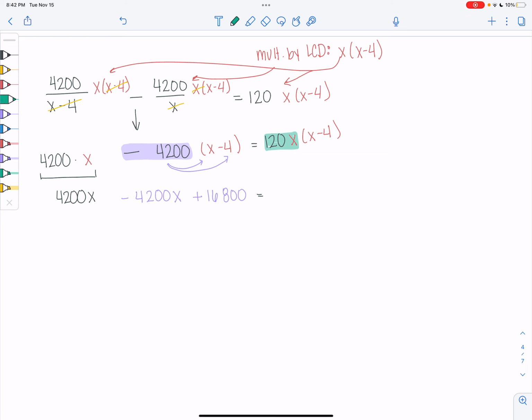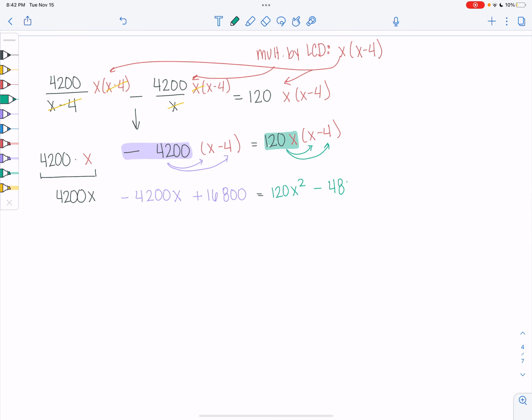And so I've got 120x times x is going to be 120x squared. 120 times 4 is going to give me 480x.